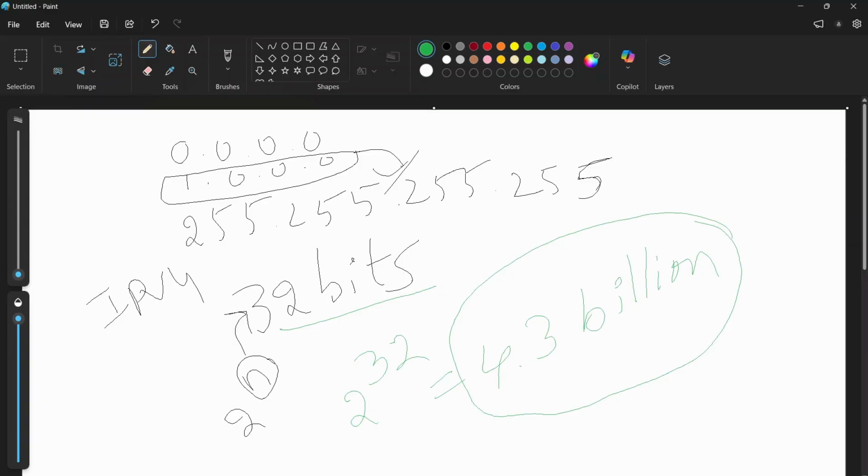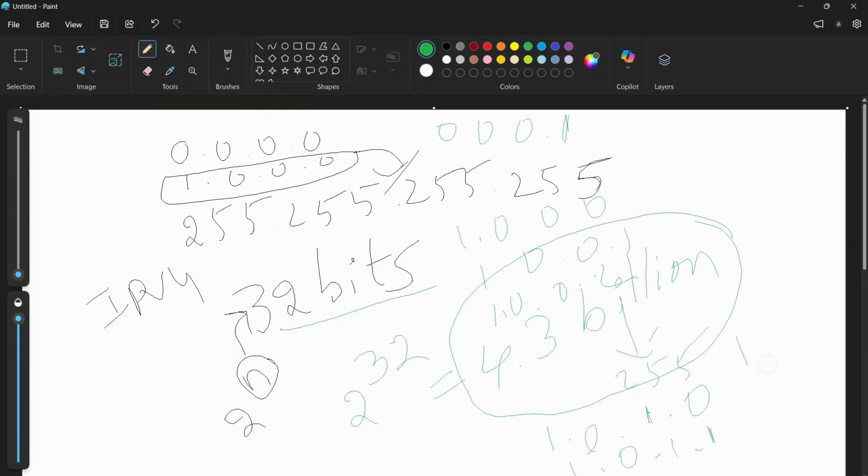As I said, 0.0.0.0 and then 0.0.0.1, 0.0.0.2, 0.0.0.3, like that. After that 1.0.0.0, right? Then what will happen? 1.0.0.1, 1.0.0.2, up to 255 it will go, and then 1.0.1.0, 1.0.1.1, like that it will go.